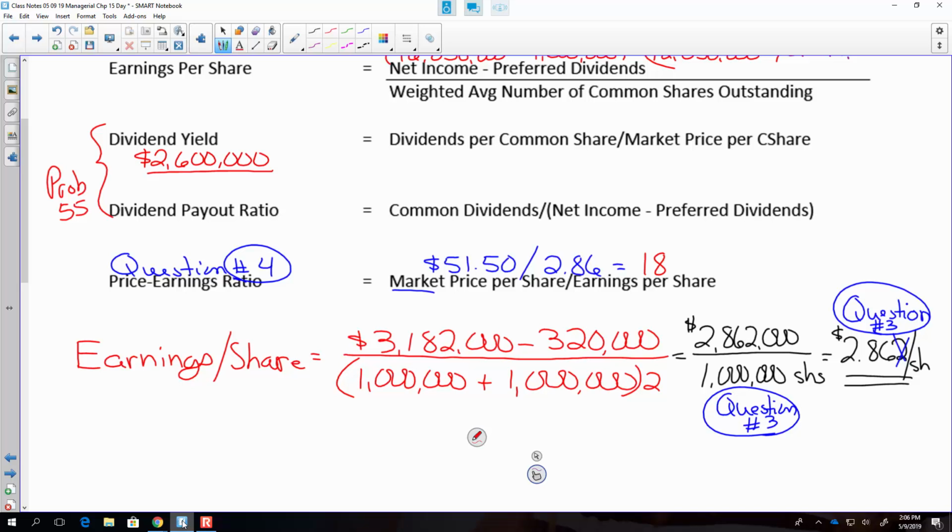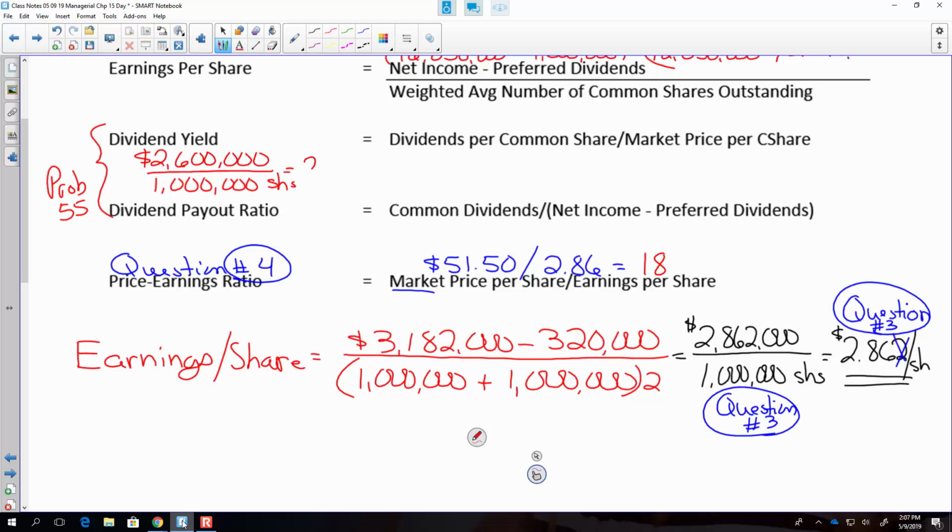What am I going to divide that 2.6 million by? What did we say the shares outstanding were? That's the 1 million. Very good, Carla. Yep. So our 1 million shares is what we said were the average shares outstanding.